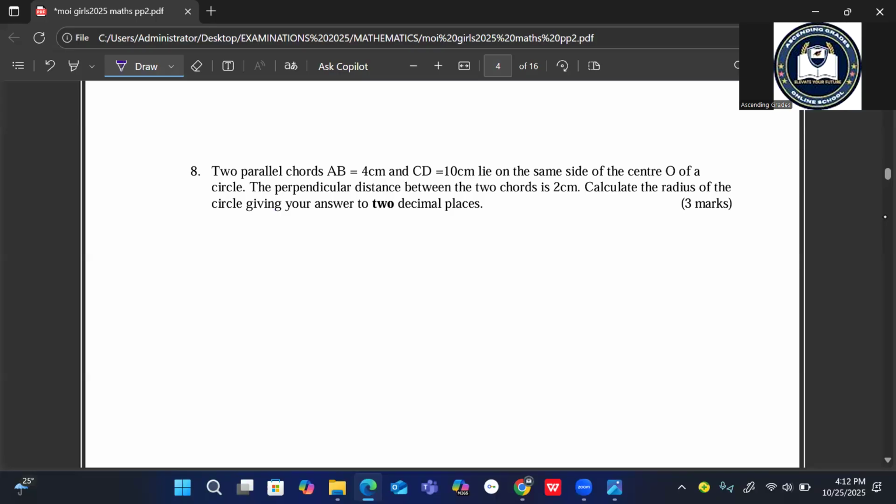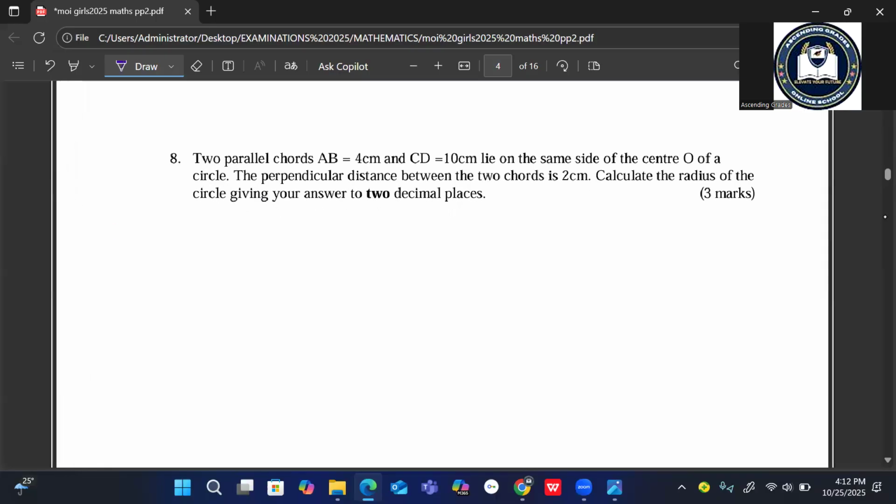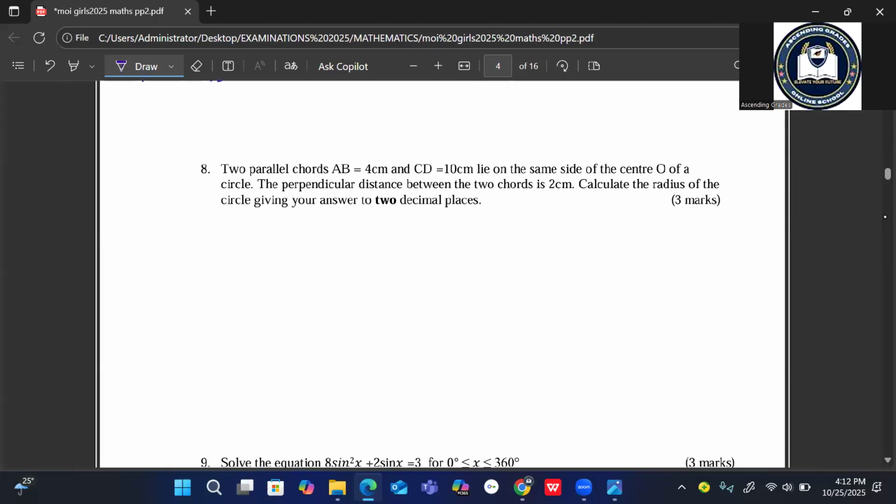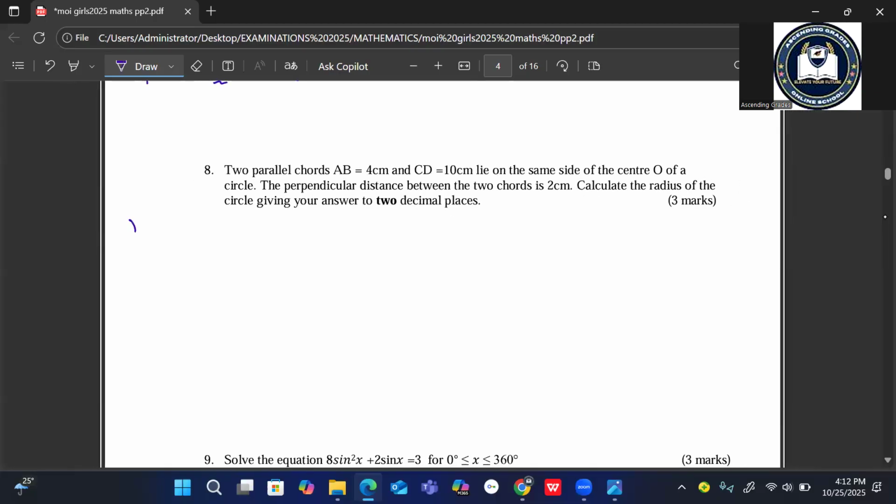Now, we use R. We know that R is given by the square root of 2 squared plus (2 plus x) squared.